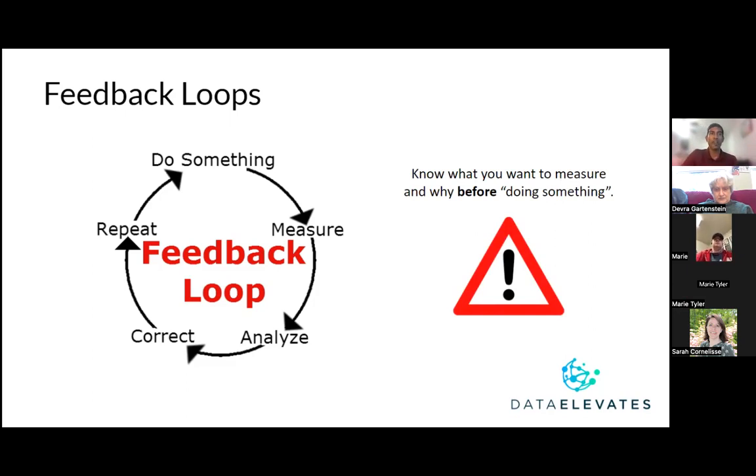This seems to start with doing something, but you need to have some sort of question or specific thing you're measuring against. Which is why it's useful to have a quantifiable, testable question. If you do, then you know what you're measuring, you know what data you're collecting to analyze, and then you can correct and improve on it.